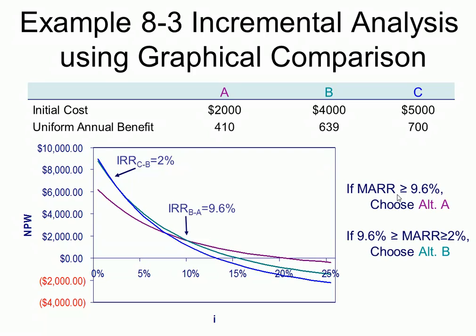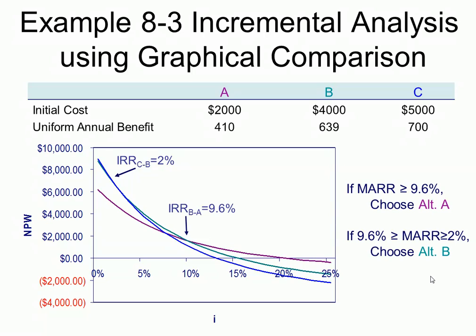If the minimum attractive rate of return is smaller than 9.6, but still larger than 2%, then we're going to choose alternative B. The reason is that since the minimum attractive rate of return is less than 9.6, we're getting more than the minimum attractive rate of return by investing additional money into alternative B. However, because the minimum attractive rate of return is more than 2%, there is no advantage in investing additional money into alternative C. Therefore, we choose alternative B.